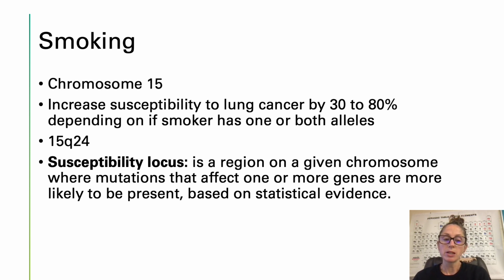So a susceptibility locus is a region on a given chromosome, so chromosome 15 in this case, where mutations that affect one or more genes are more likely to be present, and this is based on statistical evidence.